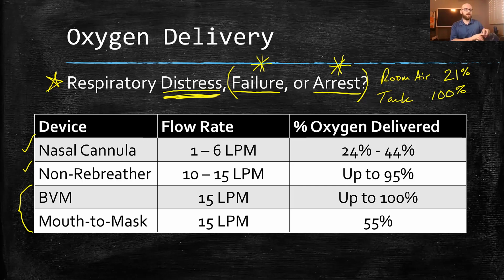And then mouth to mask is usually if you get like a CPR pocket mask. Most of the CPR pocket masks that are designed for it will actually have a port on it where you can hook your oxygen tubing from your oxygen tank on there. And so we're going to use our lungs, our body, to provide the force of that ventilation.